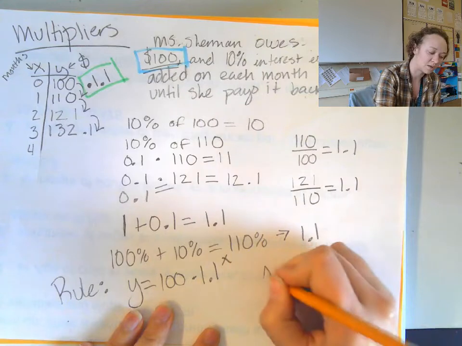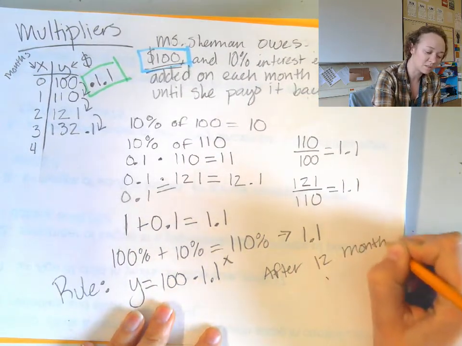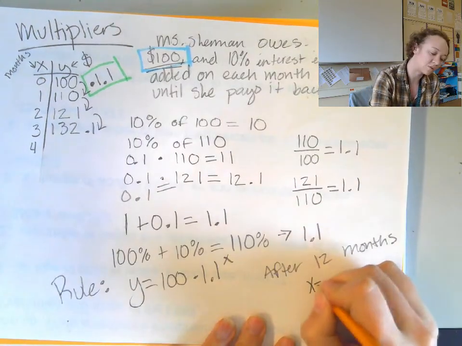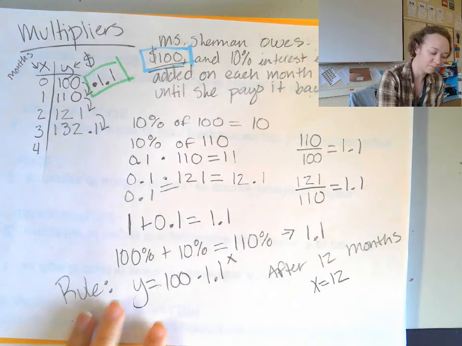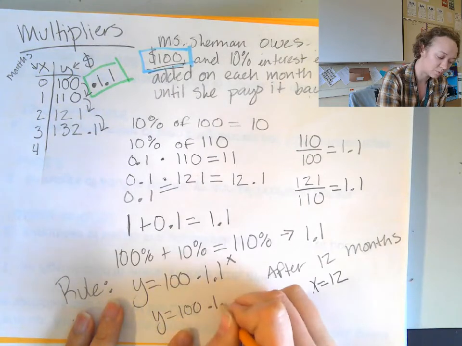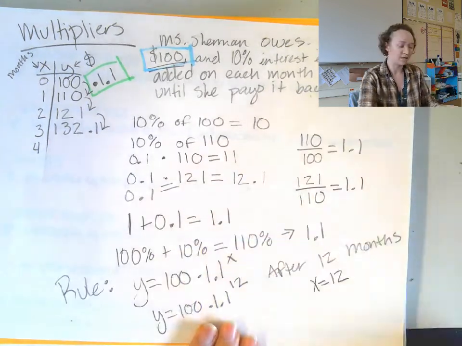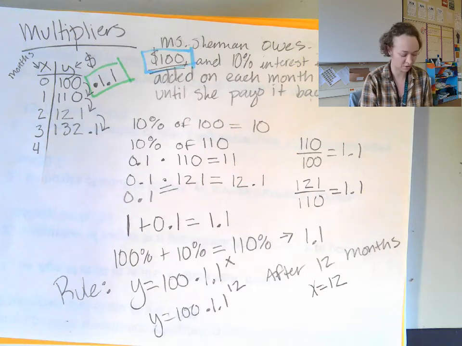So then after 12 months, I can use my rule. I can say x equals 12, and I can plug in. Oops. So y equals 100 times 1.1 to the power of 12. And I don't expect you to do 1.1 to the power of 12 by yourself. You're going to use a calculator for that.